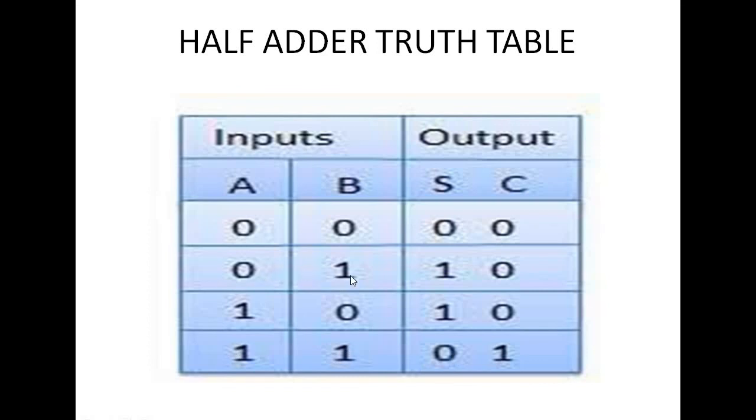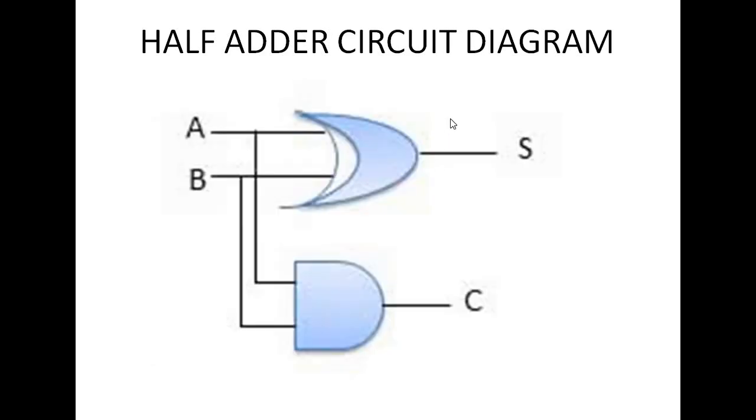Here inputs are different, result is 1. When both the inputs are the same, result is 0. So this is nothing but the truth table of your XOR gate, A XOR B, and this is the graphical symbol of your XOR, OR with some additional arc, that is known as XOR.